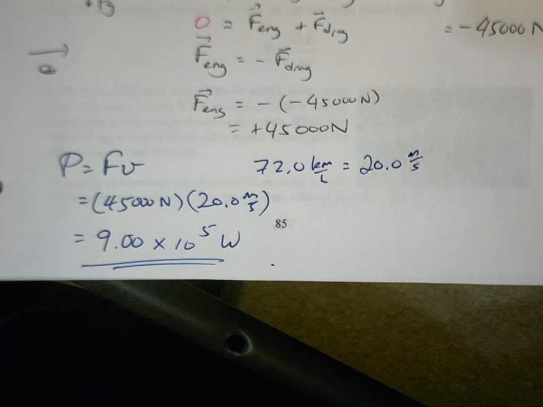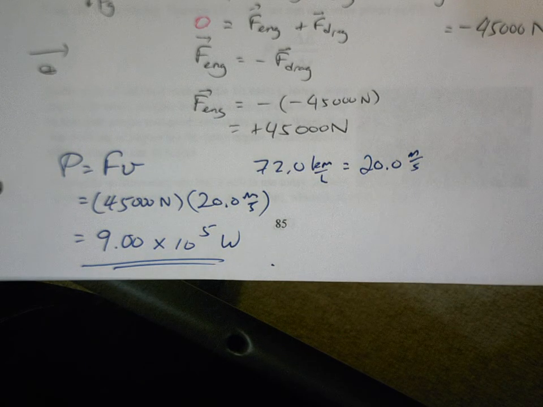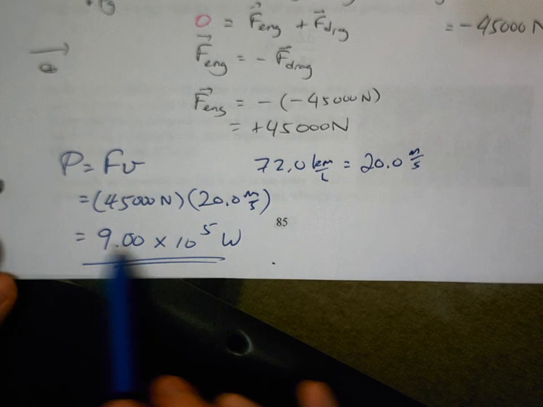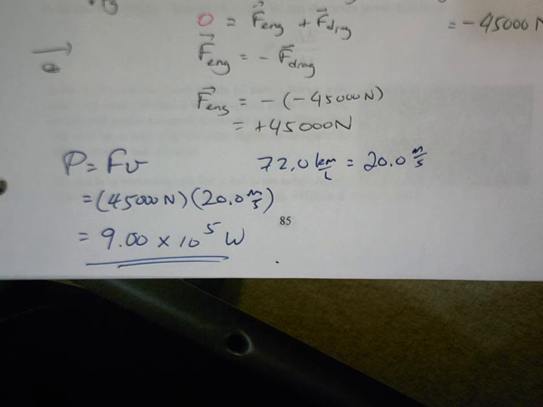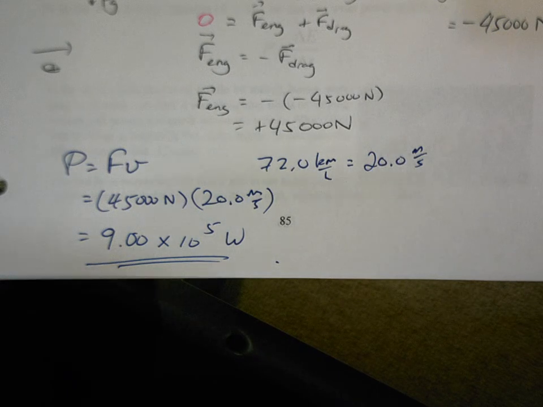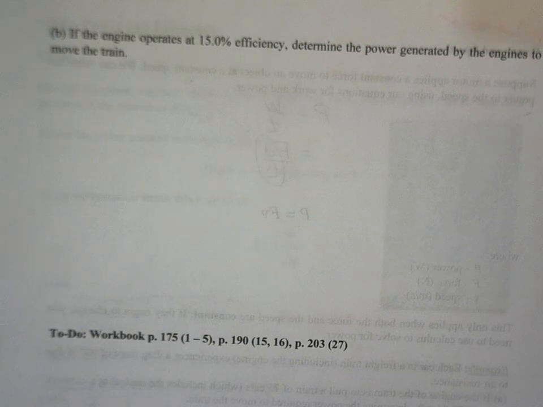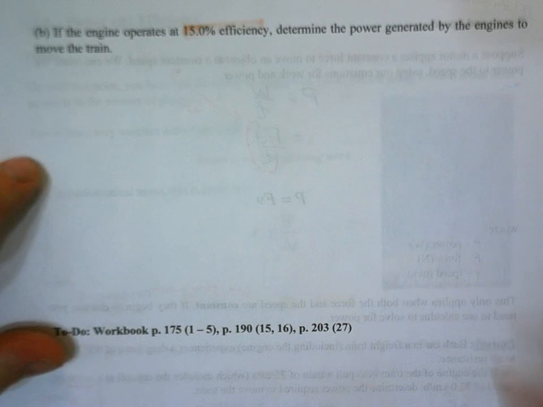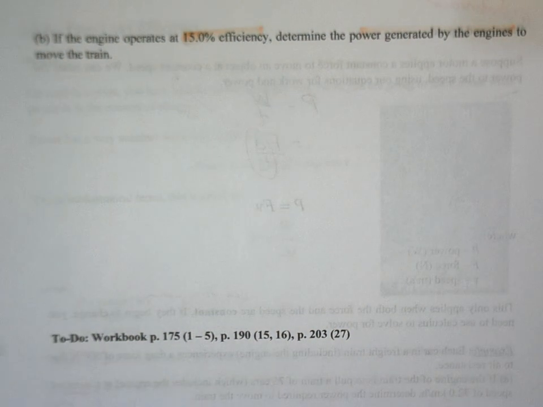Now let's put this into context. What this is telling us is that our engine, in theory, can produce a maximum power of 9.00 times 10 to the 5 watts in order to get this train moving. So let's look at the last piece of this here. It's saying this engine operates at a really low efficiency. It only operates at 15% efficiency. So we'd like to determine the power generated by the engines to move the train.